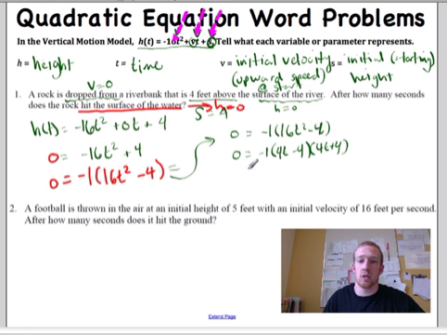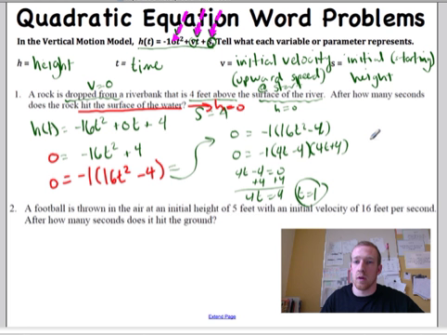So we set each of these equal to 0. 4t minus 4 equals 0. Add 4, and we get 4t equals 4, so t equals 1. And then we have 4t plus 4 equals 0.